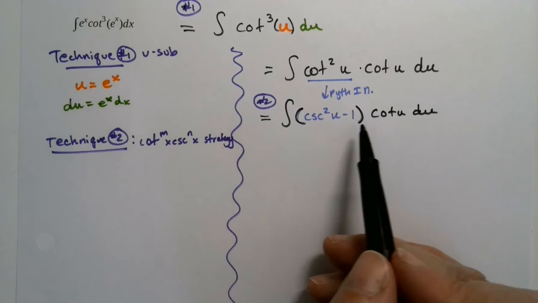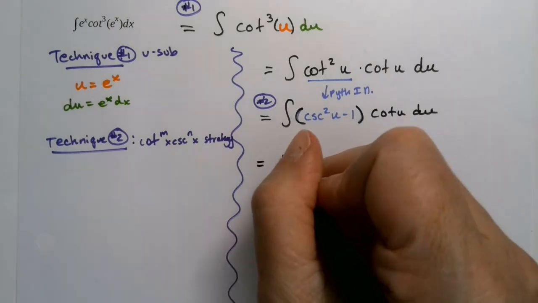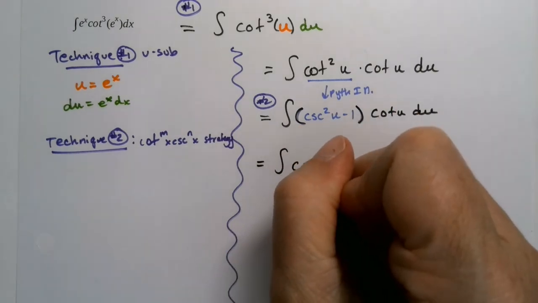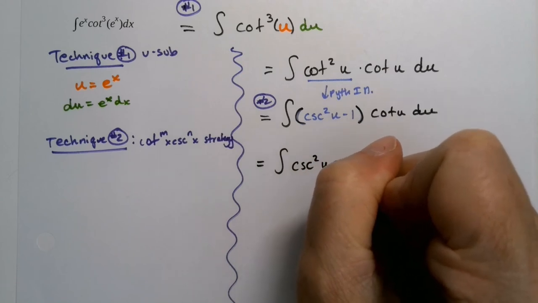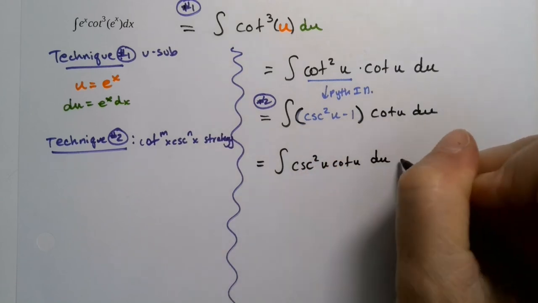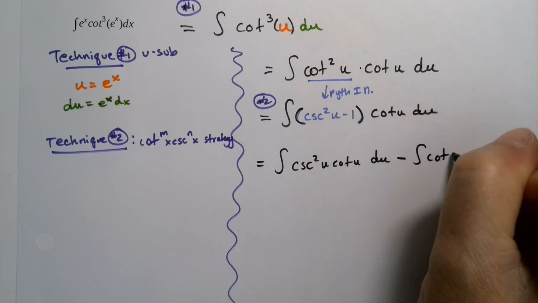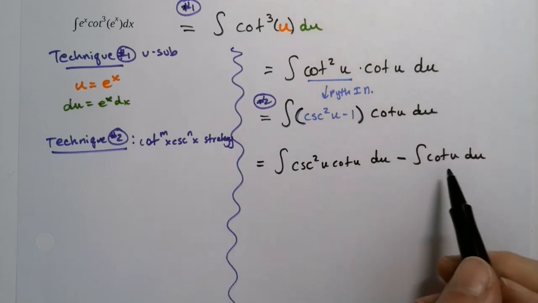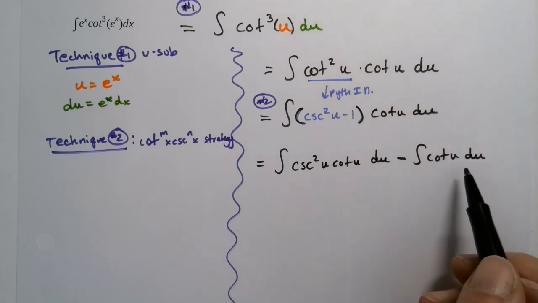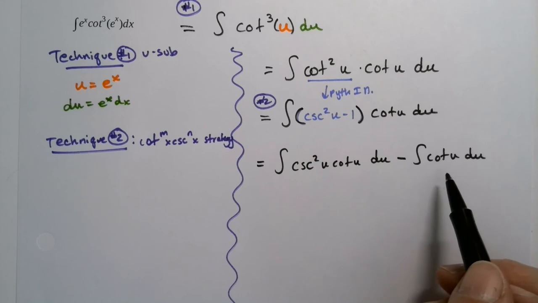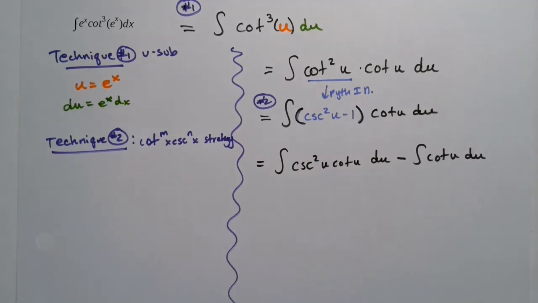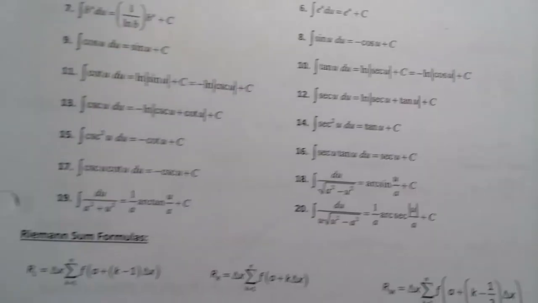All right, well, why did I do that? Well, because then it lets me rewrite this as the integral of cosecant squared of u cotangent u du minus the integral of cotangent u du. Now, the integral of cotangent u, we actually have that one. It's on our quick reference sheet. So this one's going to be no problem, right? The integral of cotangent is number 11.